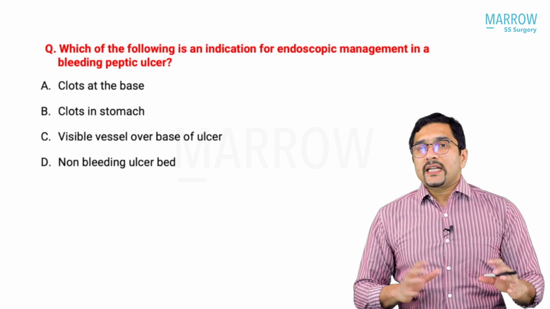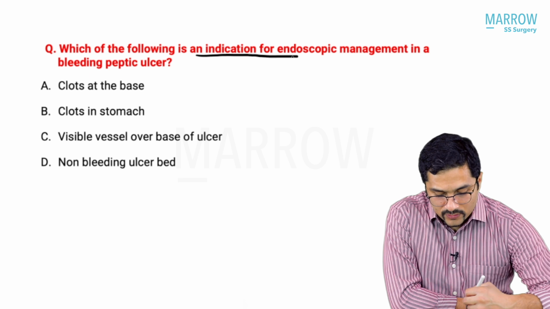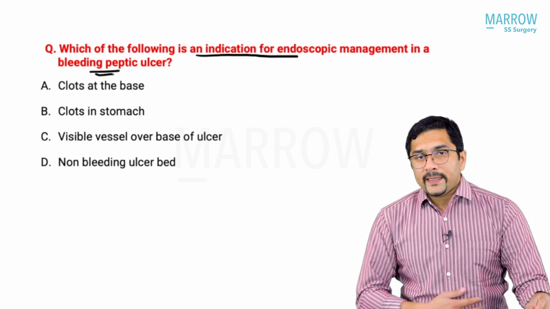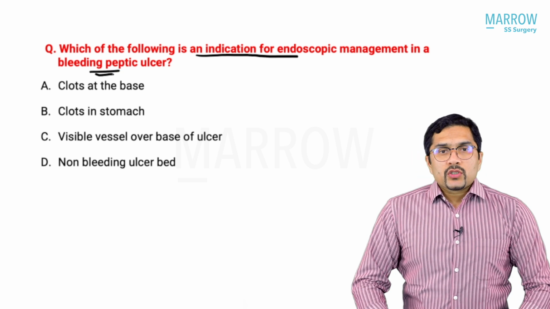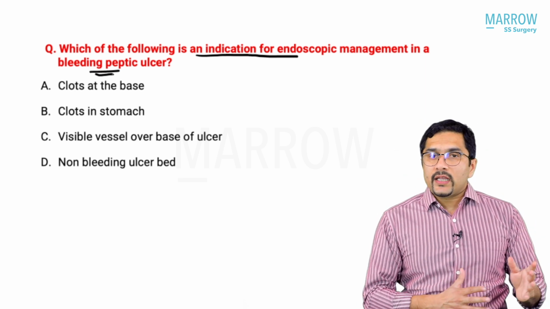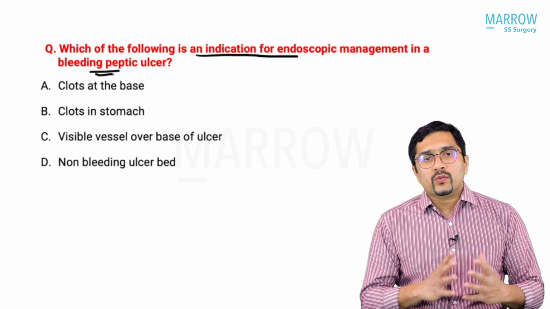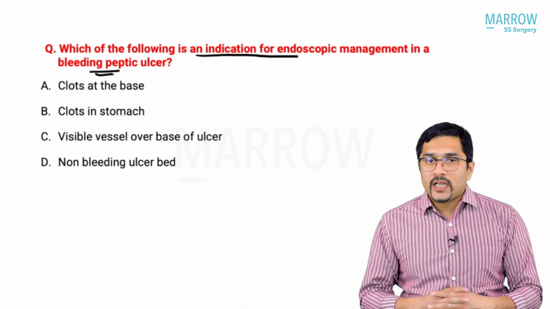Another question, which of the following is an indication for endoscopic management in bleeding peptic ulcer? So again, upper GI hemorrhage, whether you talk about general surgery or GI surgery, there are at least 1 to 2 questions from upper GI hemorrhage.